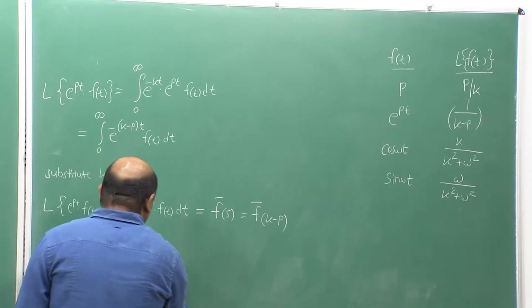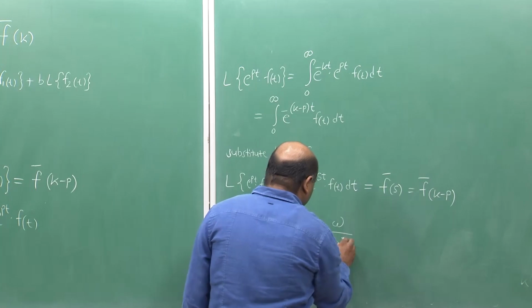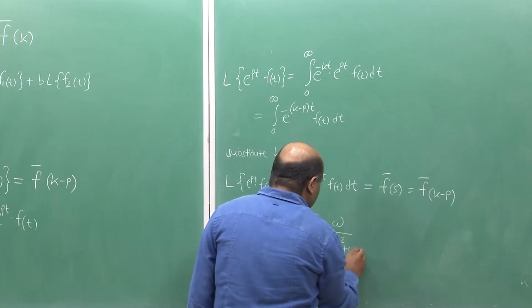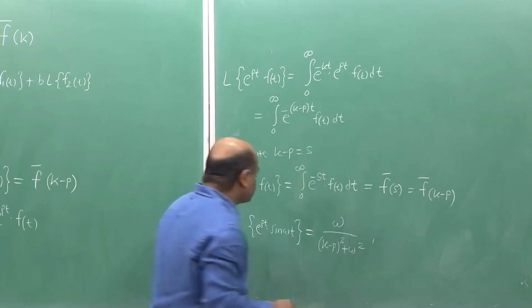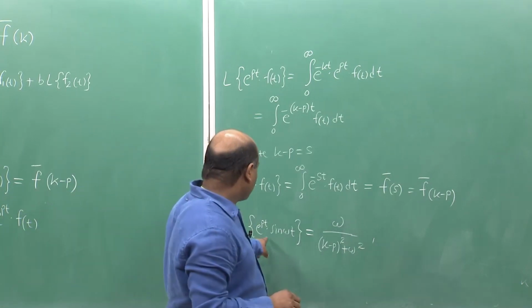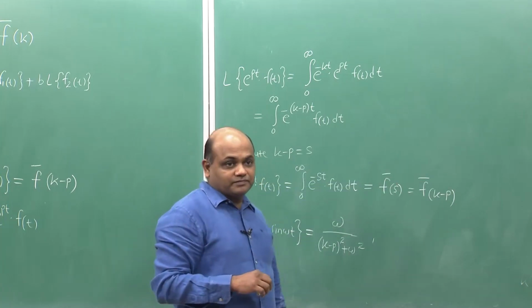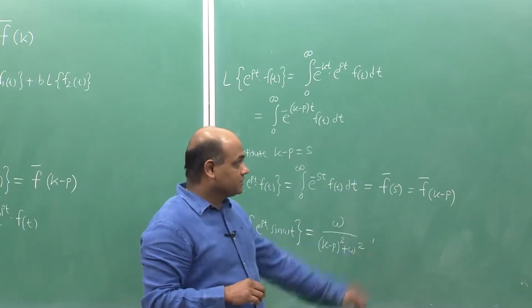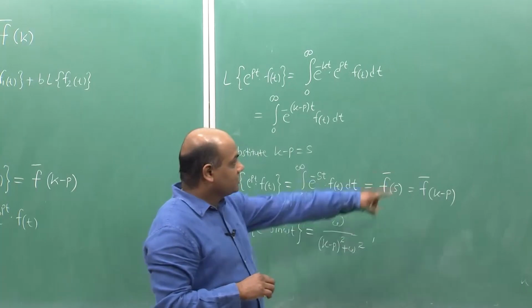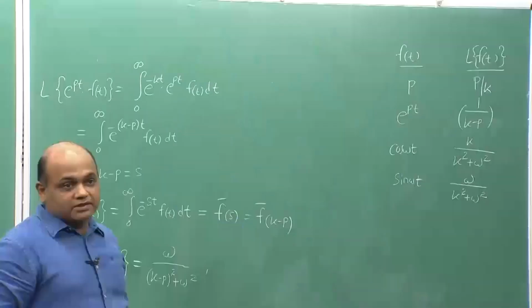So, that should be equal to omega over (k minus p) square plus omega square. Similarly, what will be the Laplace transform of e to power p t times cos omega t? You have to substitute k with k minus p. So, it will be (k minus p) divided by (k minus p) square plus omega square.